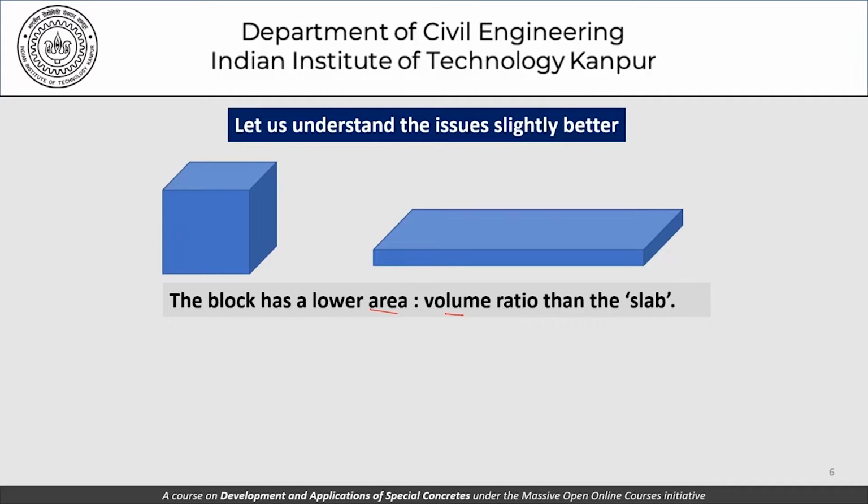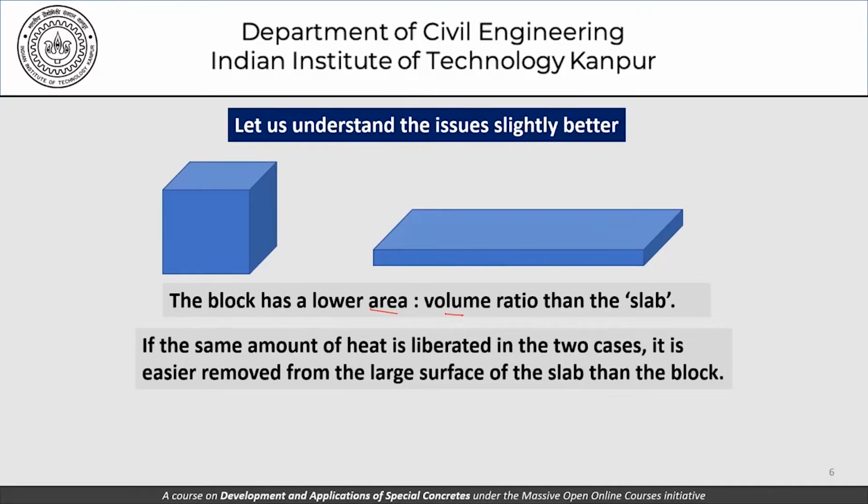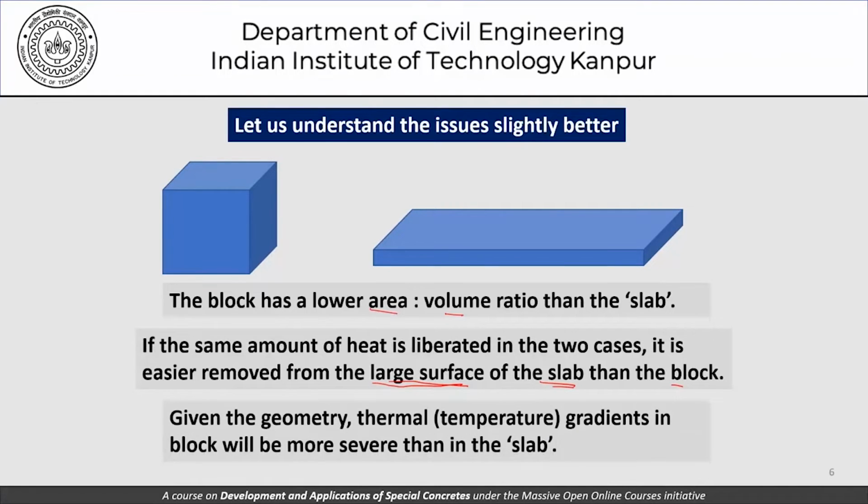If the same amount of heat is liberated in the two cases, it is more easily removed from a cast with a large surface area, as in a slab, than from this block. Given the geometry, the thermal or temperature gradients in the block will be more severe than in the slab. If you understand this intuitively, things become a lot easier to follow as we treat this subject in this class.